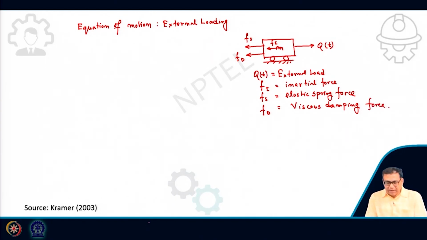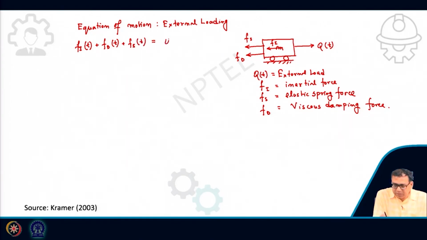Okay, so now I can write that Fi(t) plus Fd(t) plus Fs(t) is equal to Q(t). Now how will I get Fi, Fd, Fs?